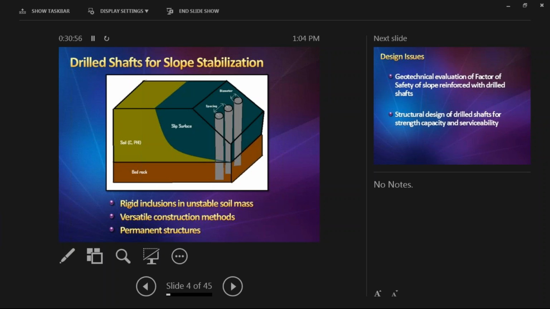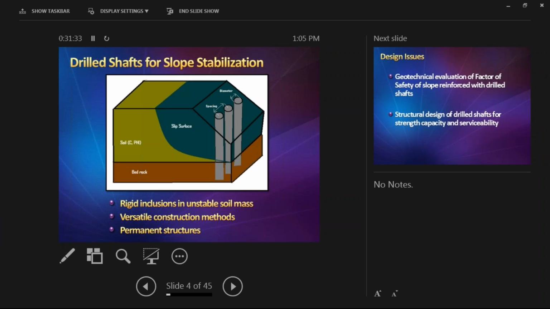This rigid inclusion can be constructed nowadays with a variety of construction methods, since the construction methods for drill shaft have been well advanced, so that the drill shaft can be constructed in almost any kind of soil formations into the rock. So the construction method can be adaptable to very difficult terrains and different types of soil conditions.